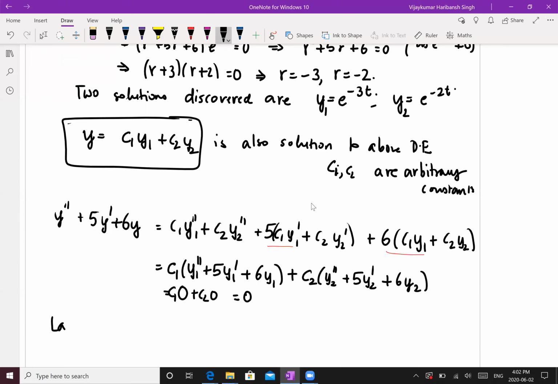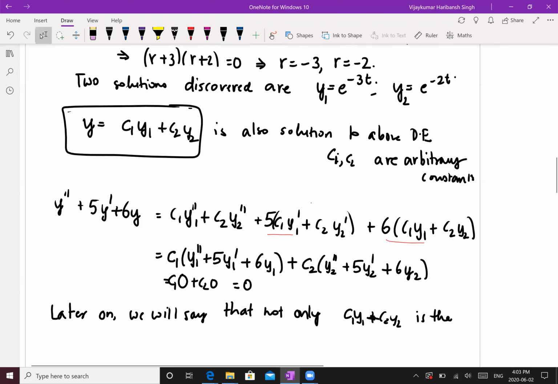Later on, we'll show that not only is c1 y1 plus c2 y2 a solution, which you have already shown now, but this is a general solution.